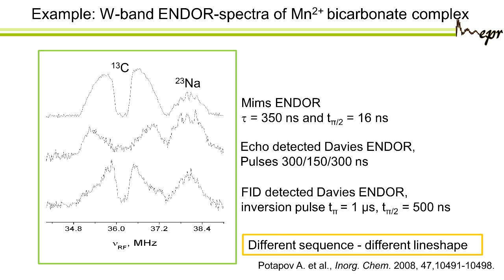This one usually has the least distortion, and you can see the last one has a different line shape, which is probably the correct line shape. In the first one, you had some blind spot distortion on the sides. Here you had some blind spot distortion in the center, and this is probably the nice, correct powder pattern.